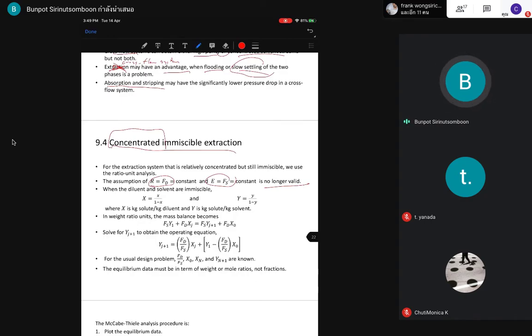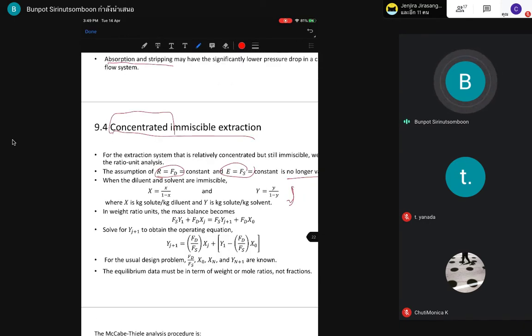We have to use different types of variables. We have to use big X and big Y here, basically a ratio of solute to diluent and solute to solvent.